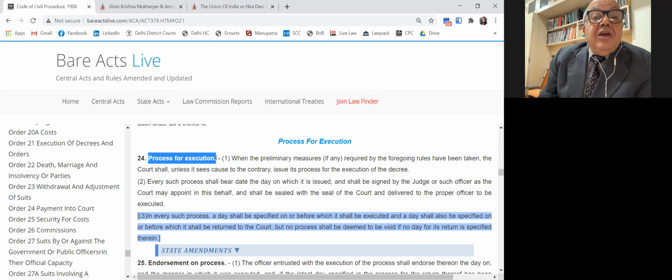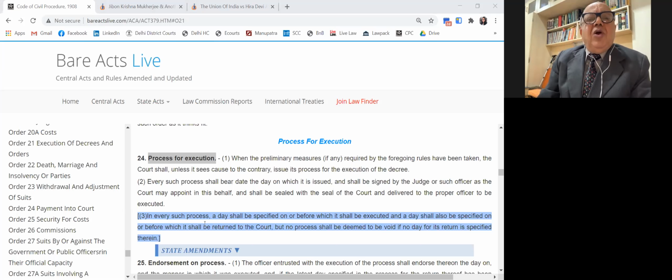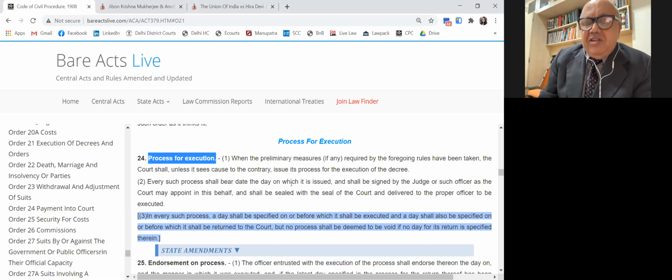That means the notice has been made absolute. If the court wants to reject it, the court will say that yes, the decree cannot be applied, execution cannot be issued for the reason that here the court lacks jurisdiction, which fact was not noticed earlier, or the mode of execution does not fall within any of the modes under section 51.